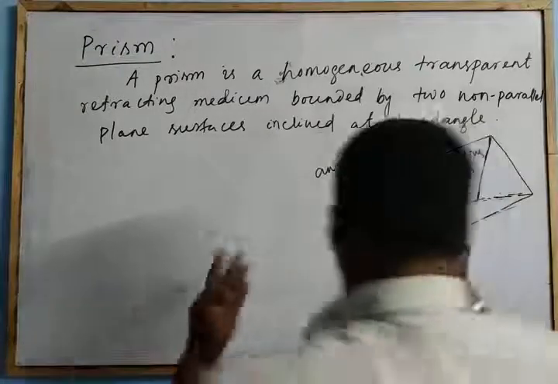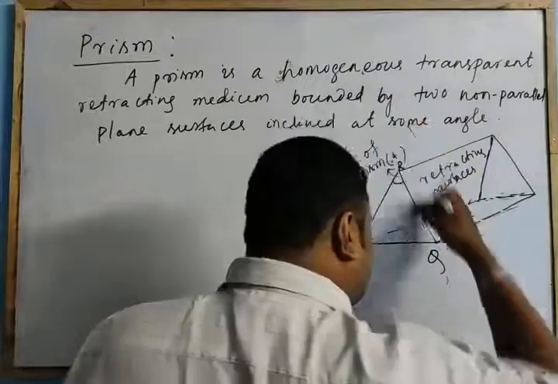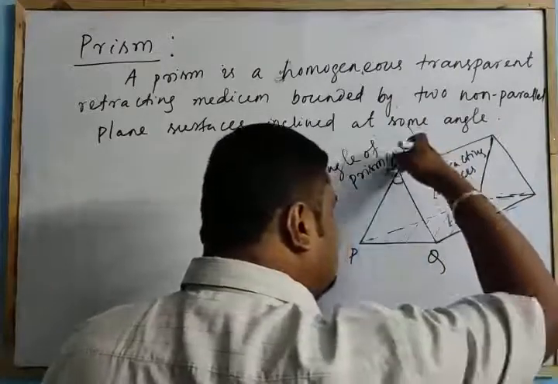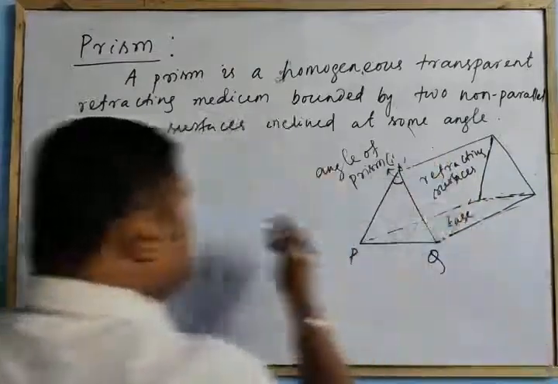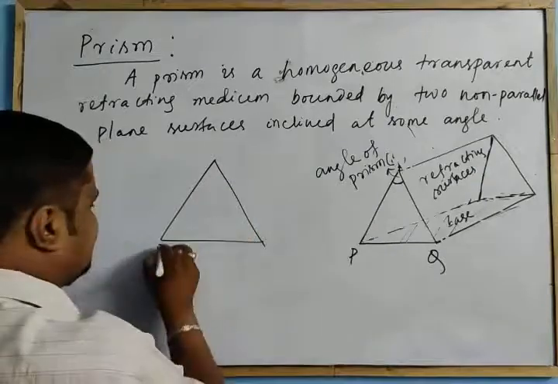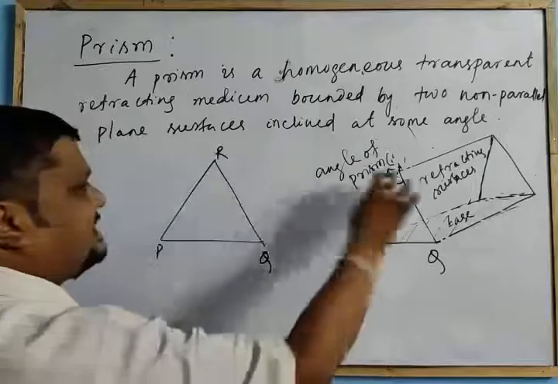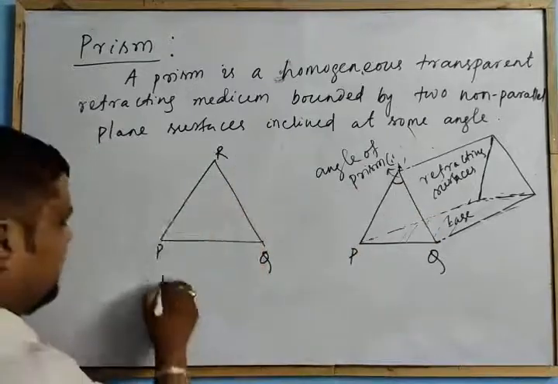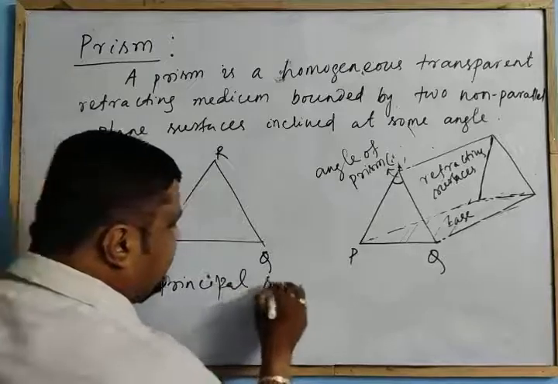So if I show the principal section, let it be P, Q, R. I cut at this edge perpendicular to the refracting surface. This one is called the principal section of the prism.